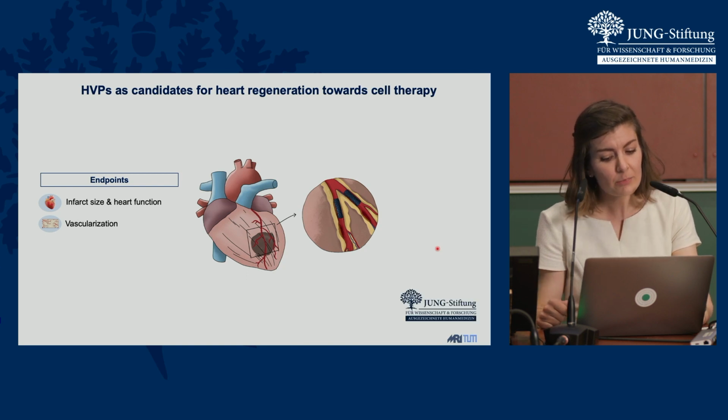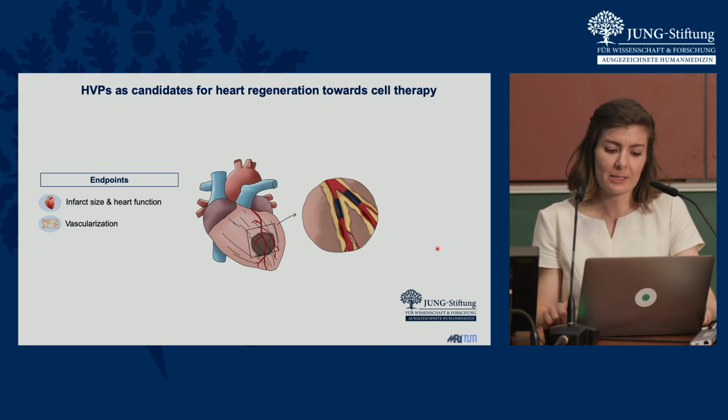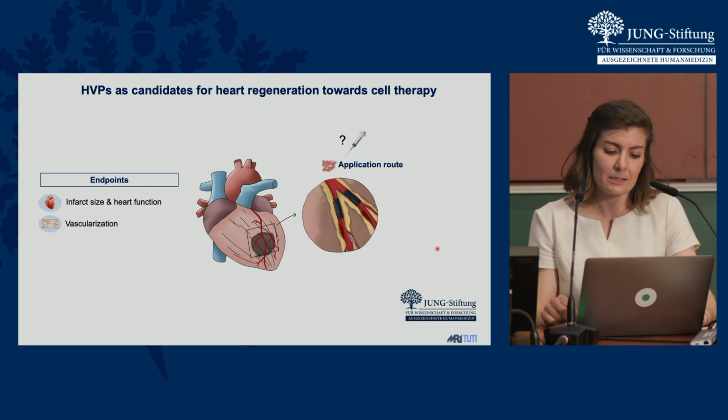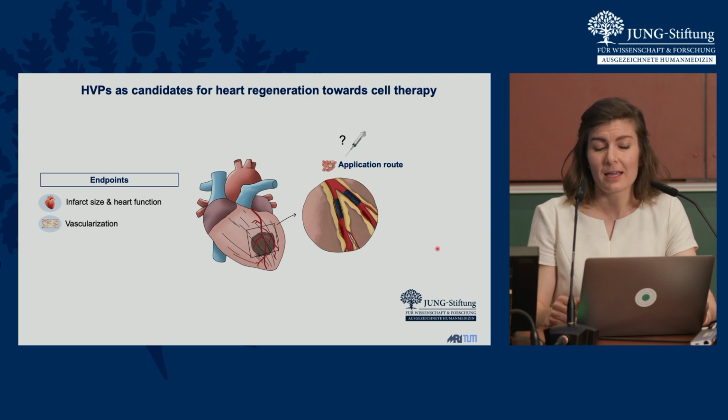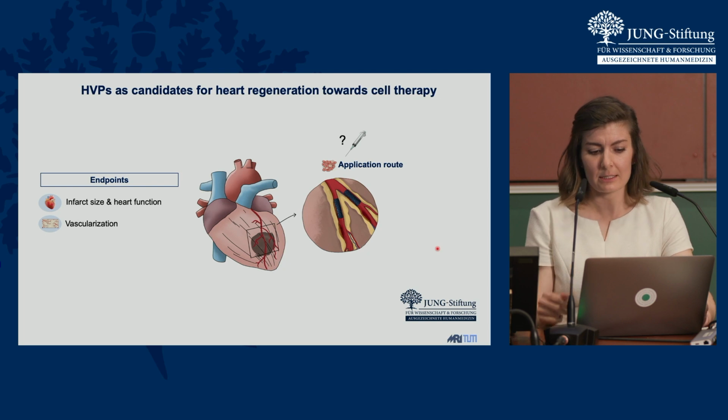However, with the help of the Jung-Stiftung, I want to address further endpoints that are really key endpoints for clinical translation, which is the application route, because in the studies that I've shown you, we have performed lateral thoracotomy, which would mean for patients a big mortality and morbidity risk. So we would need to find minimally invasive application routes.